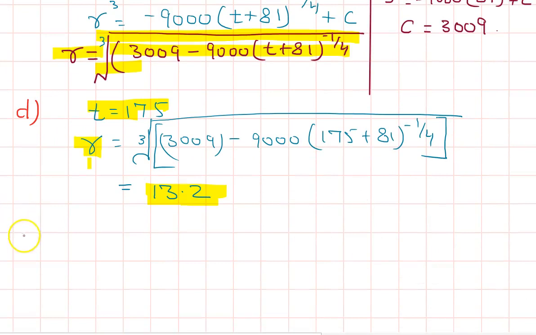Part E will be, find the rate of increase of the radius of the balloon when t is equal to 175. Give your answer to 3 significant figures. Rate of increase of the radius of balloon, that is dr over dt.